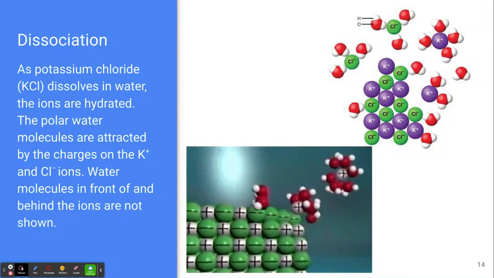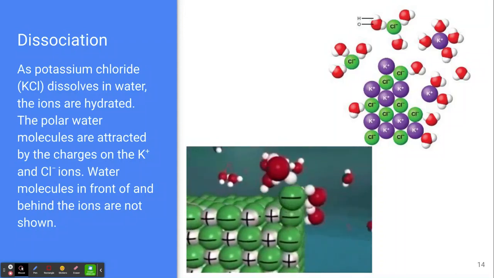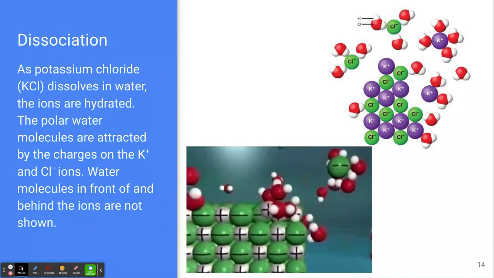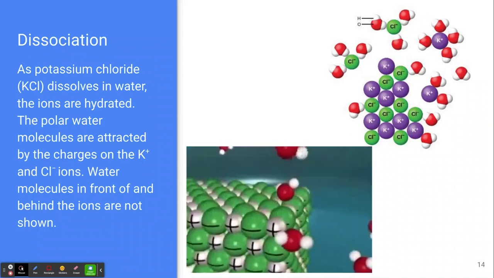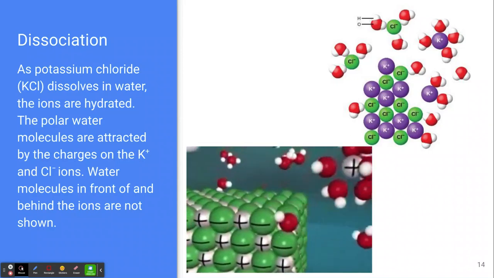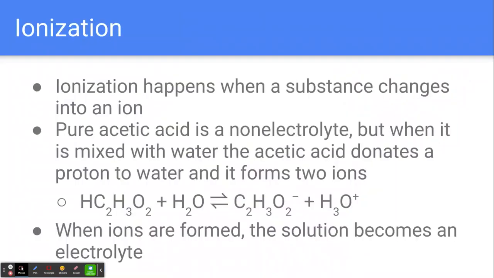Down in that image, you can see those waters start to attach to those ions and pull them away. So originally that looked like a grain of salt, and now it's starting to pull those ions away, and it's going to make it a clear solution in the end once all of those ions are separated from one another.